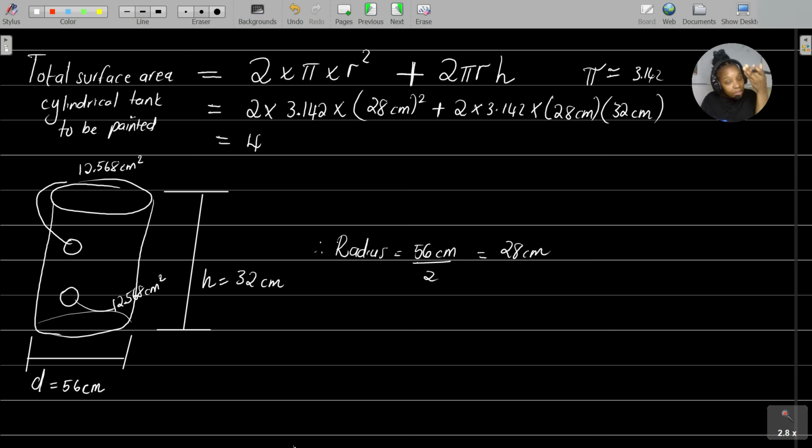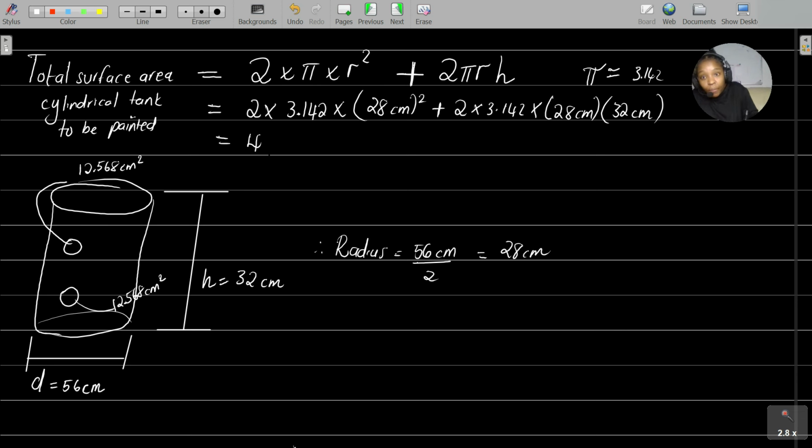Read the instructions page, because that's where you get a guide on how to round off. Maybe the questions will also tell you how to round off. So let's be clear: it depends on the instructions. I'm not rounding off because I want to maintain accuracy.